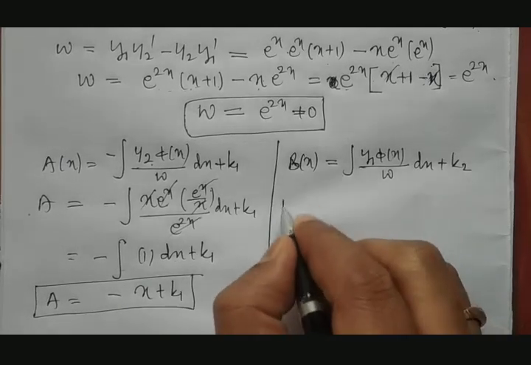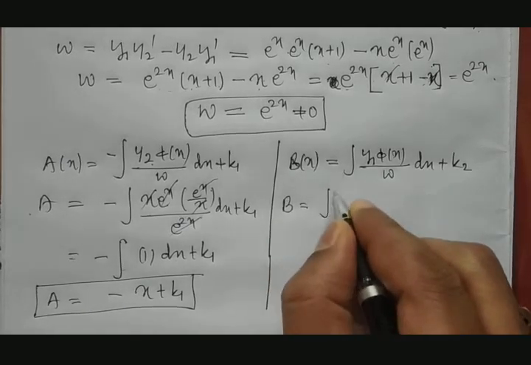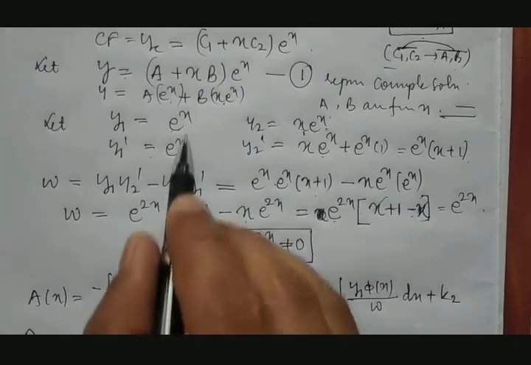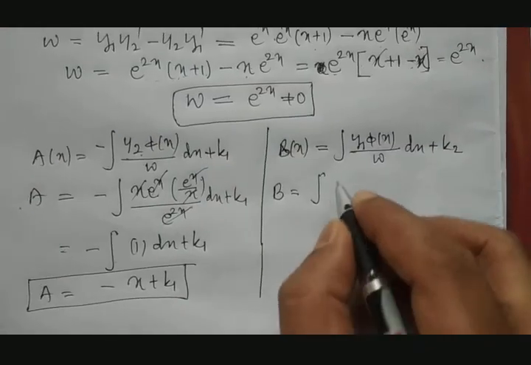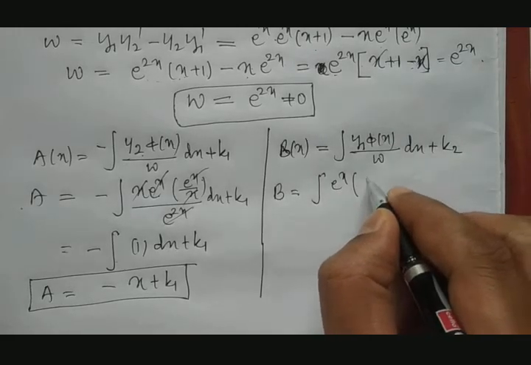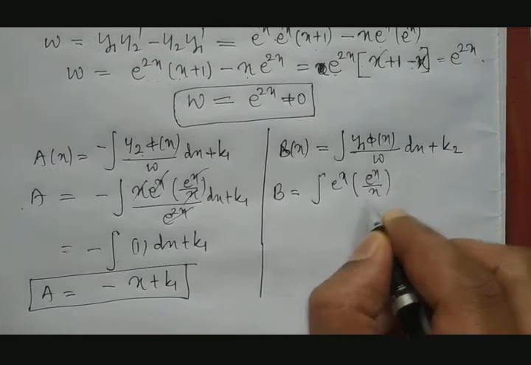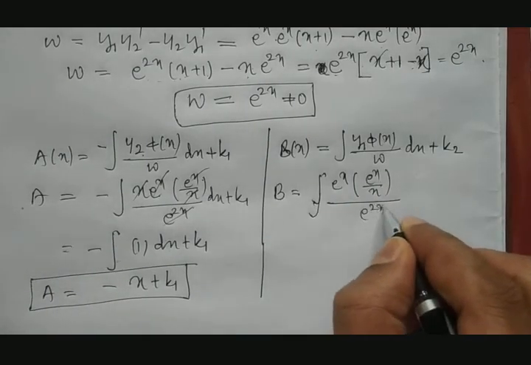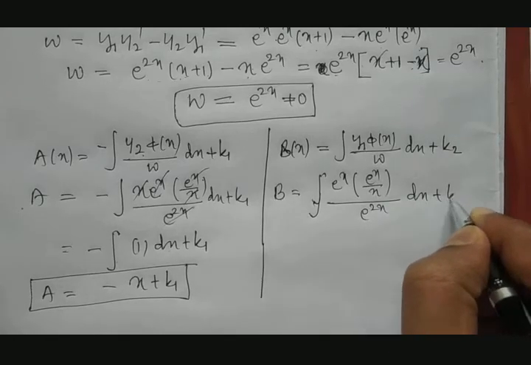Similarly, b is equal to integration of y1, which is e raised to x, into the value of phi of x, that is e raised to x divided by x, divided by W, which is e raised to 2x, with respect to x plus k2.